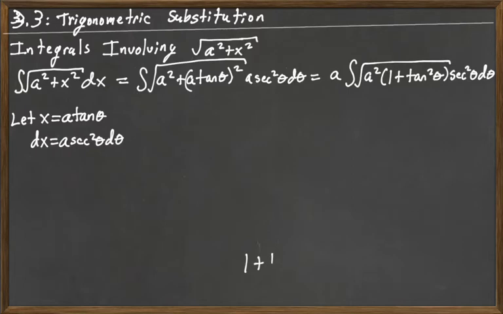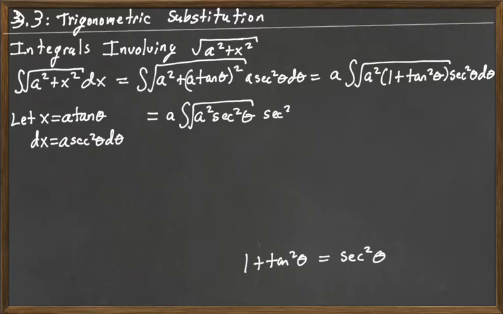Alright, we have the identity 1 plus tangent squared of theta is equal to the secant squared of theta. So this is going to be a integral of the square root of a squared times secant squared, and then secant squared theta d theta.